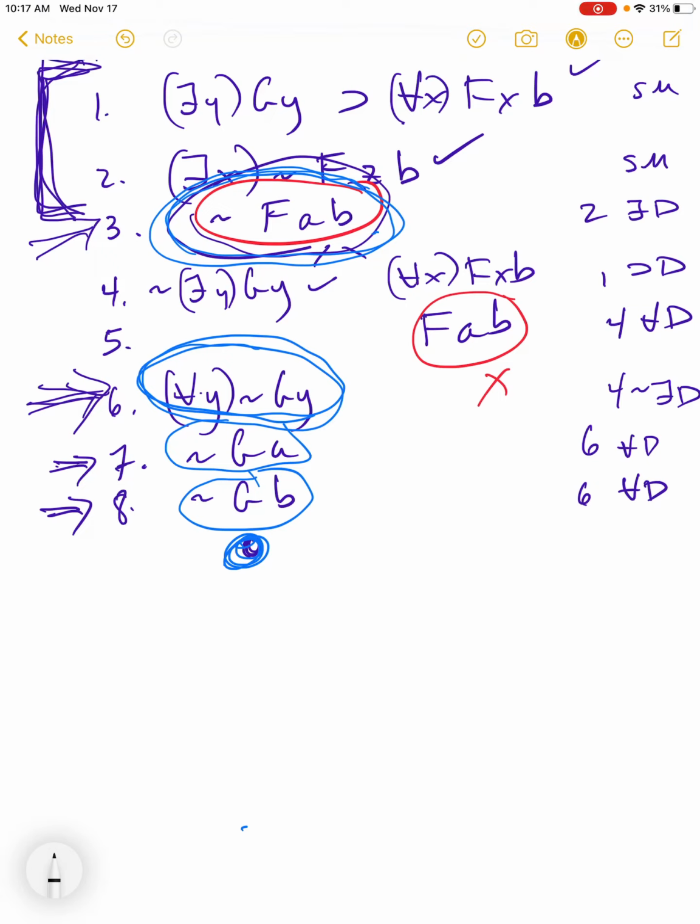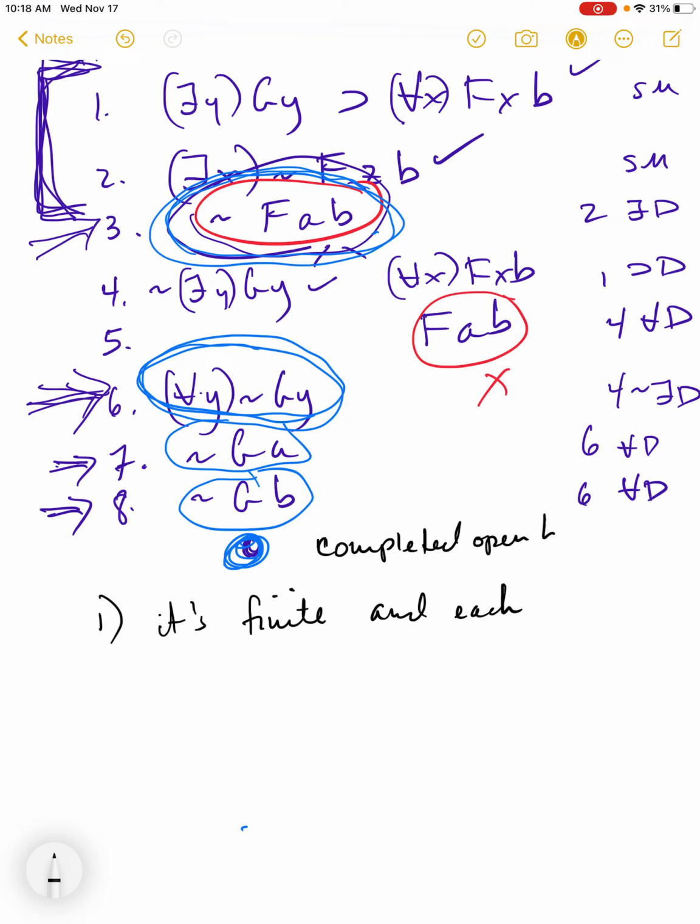Okay, first of all, it's finite. Oh, why is she saying it's finite? Because infinite branches exist. I mean, you can imagine this one going on forever, right? But we're going to actually be talking about trees that really do have infinite branches in a while. It's finite, and this is our definition of completed open branch.